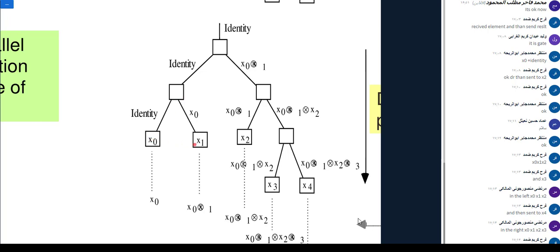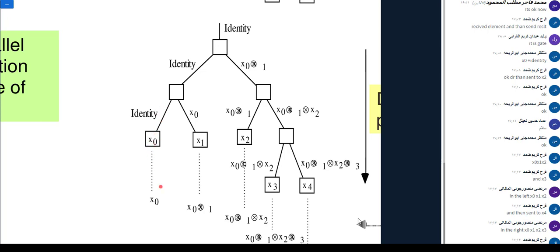How about the leaves at the end? At the end, the leaves combine what they receive from up with their own value.